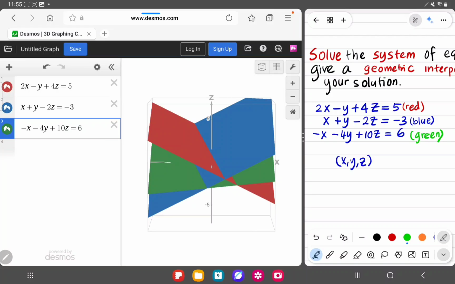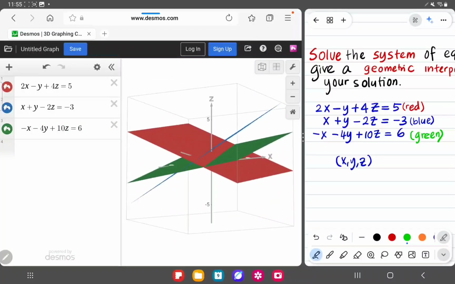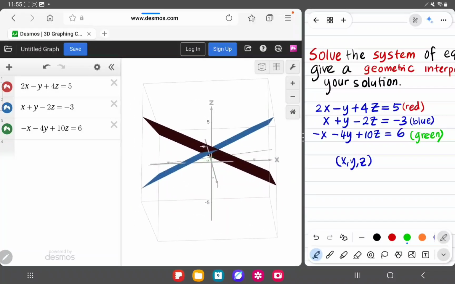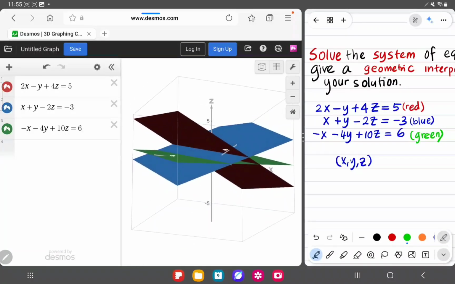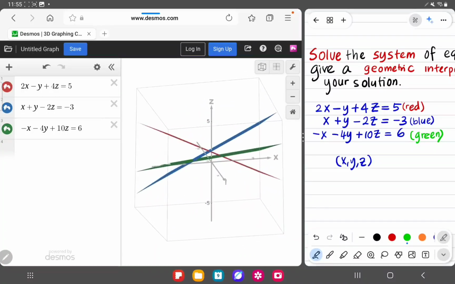When we look at all three planes together, do you see a single point where all planes meet? Have a look. Do you see a single point? Looks like they don't intersect at a single point.